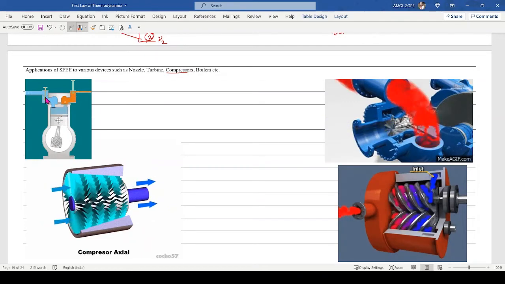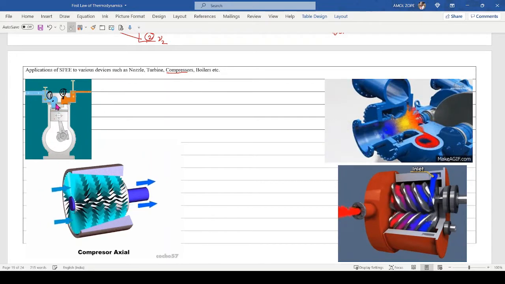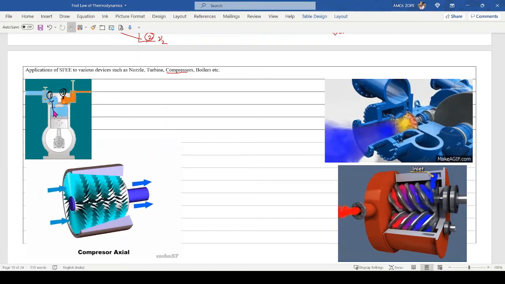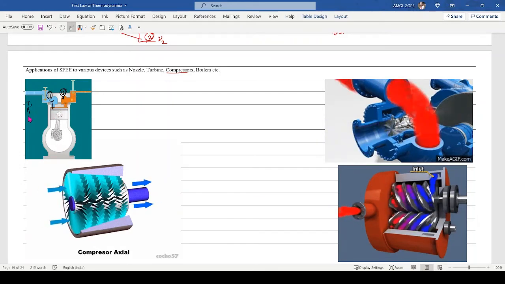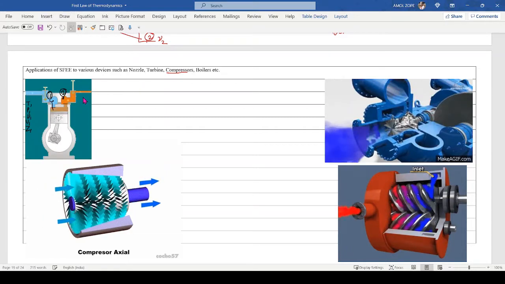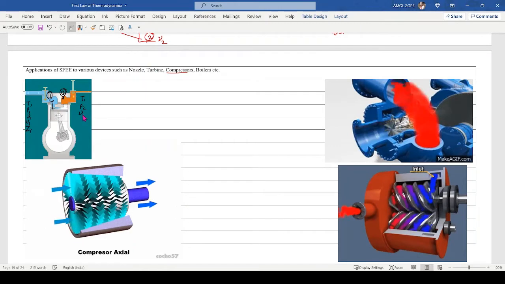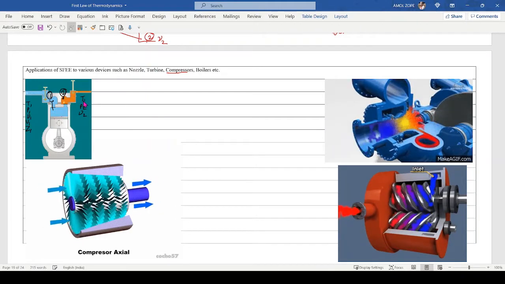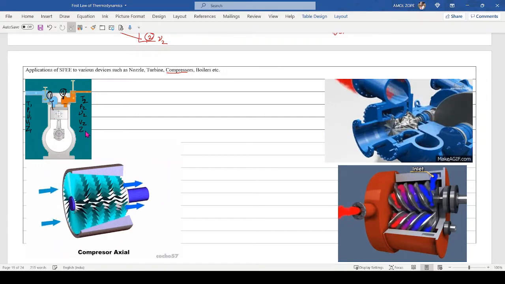There is one inlet, point 1, and point 2 is the outlet. At the inlet, there is temperature, pressure, specific volume, velocity, potential energy. At the exit, temperature, pressure, specific volume or density, velocity, potential energy, the corresponding elevation.